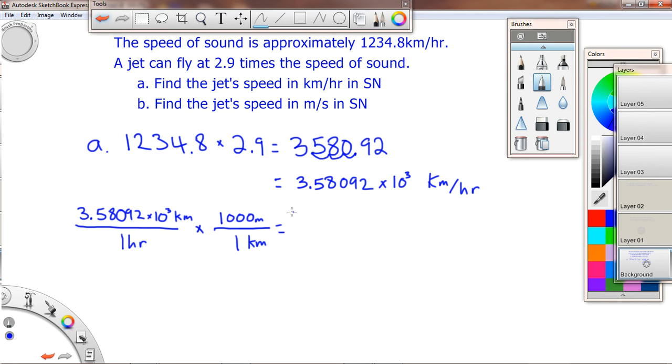So I keep the same number in scientific notation, 3.58092. 10 to the third times 10 to the third, by exponent rules, we know that that is 10 to the sixth. So basically, I'm just telling you how many meters there are in this many kilometers. We just multiplied by 1,000.